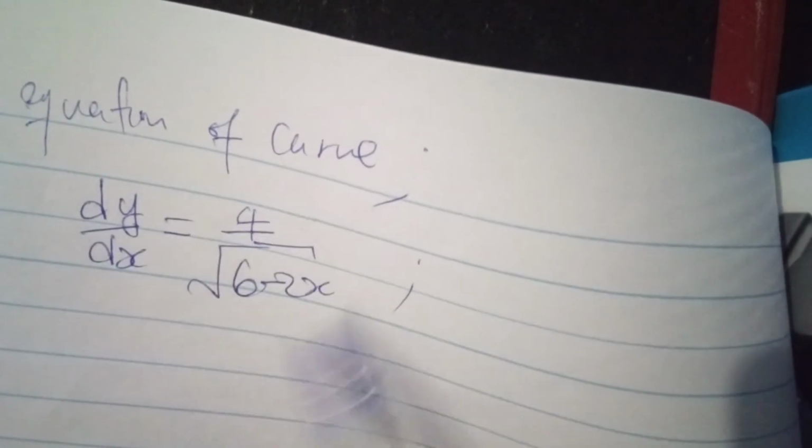Now at Roman figure 2, we are required to find the equation of the curve. Remember that we were given dy/dx is equal to 4 over the square root of 6 minus 2x, right? When we want the equation of the curve, we need to integrate this.